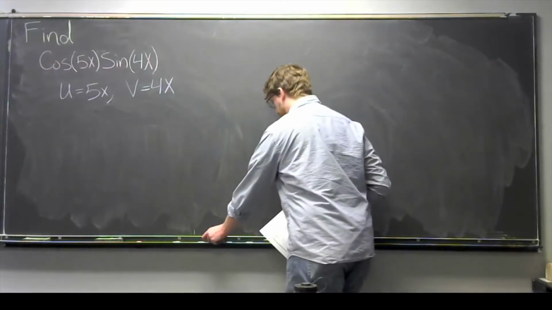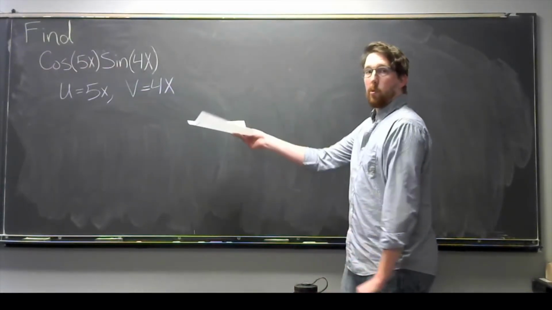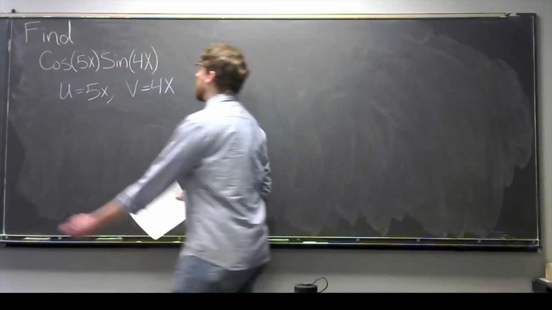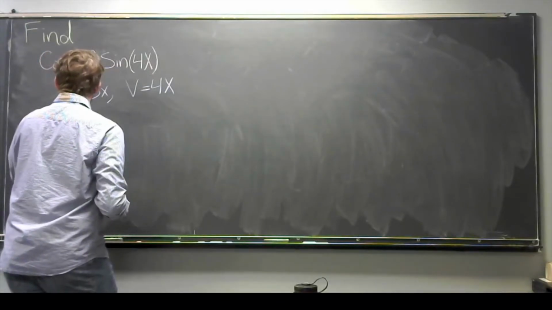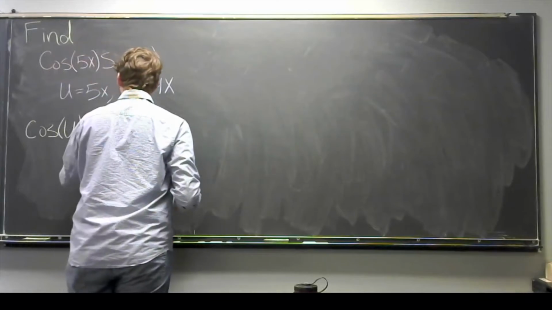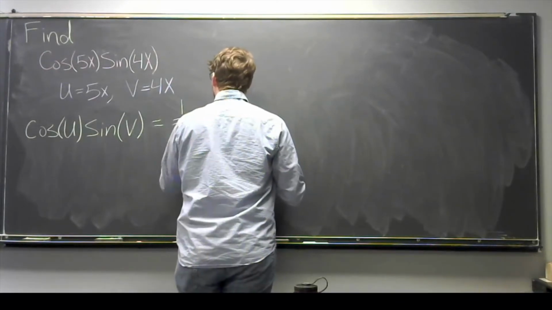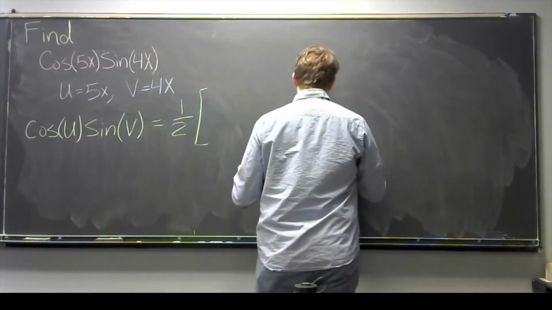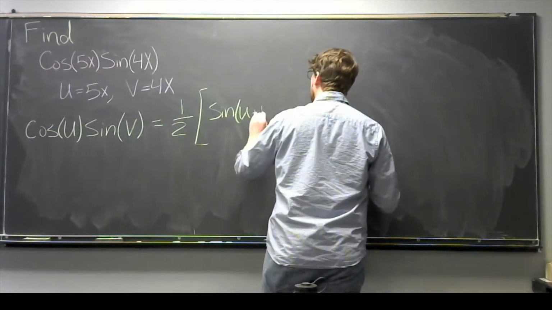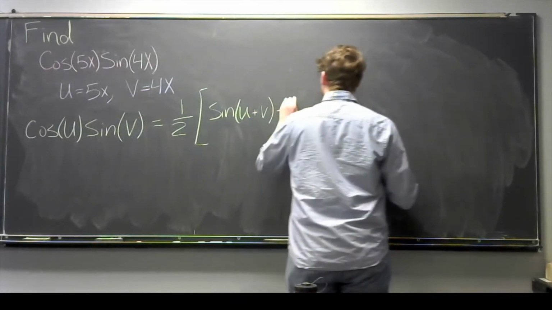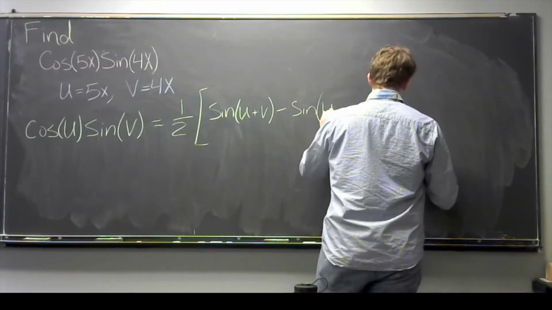Using that, in our table, we'll find the very last formula will be the most useful here. The very last formula tells us that the cosine of u times the sine of v is equal to 1/2 the quantity sine of u plus v minus sine the quantity u minus v.